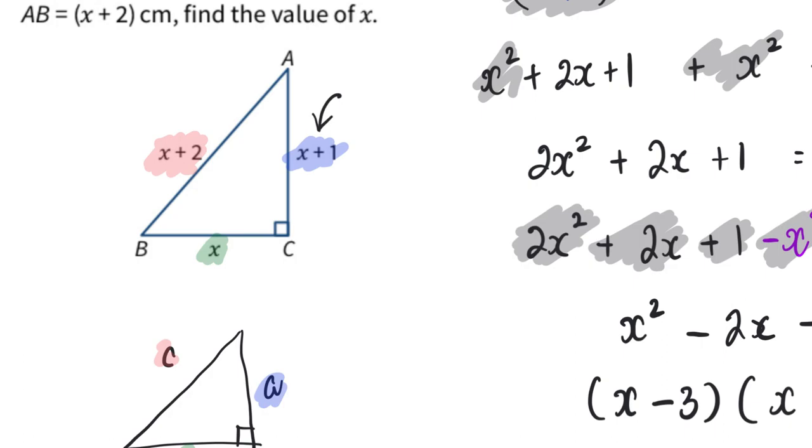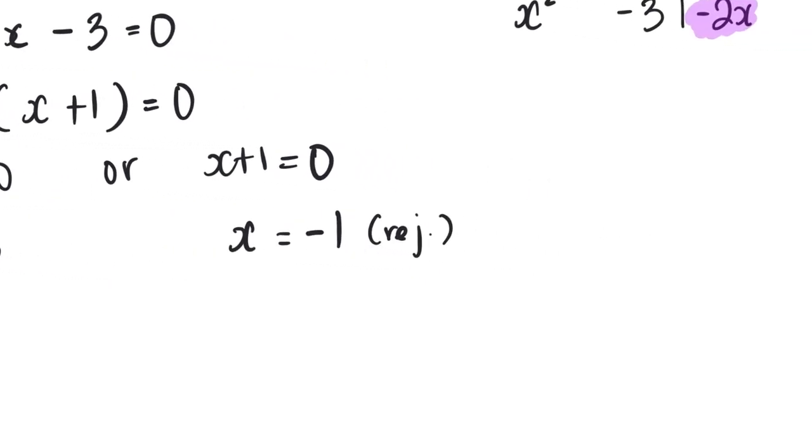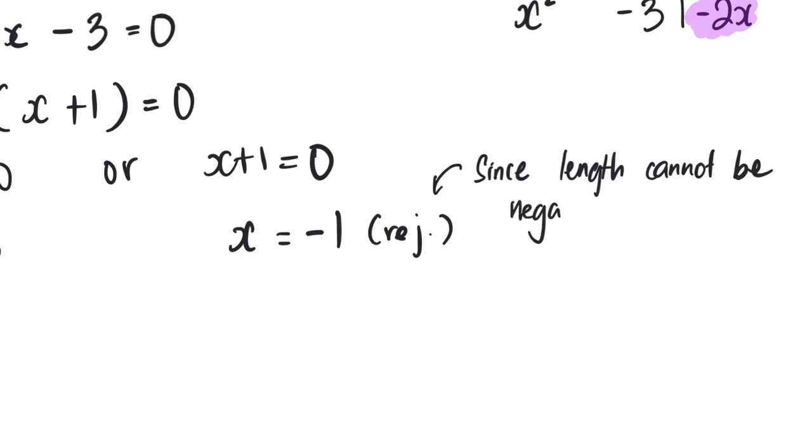Negative 1 plus 1 equals to 0. Then this particular length will not exist anymore. And same goes for this. Can a length be negative? No. You're right. And therefore, I will have to reject this particular answer, since length cannot be negative.